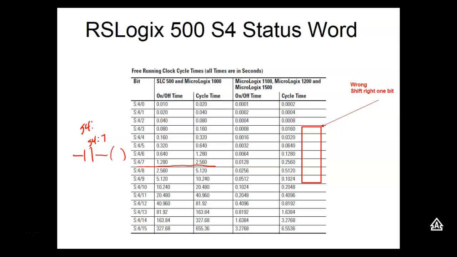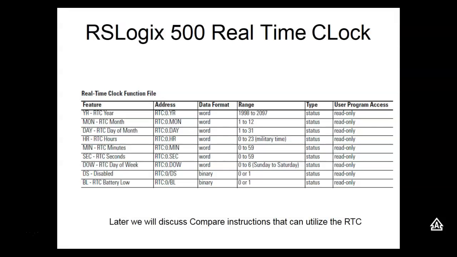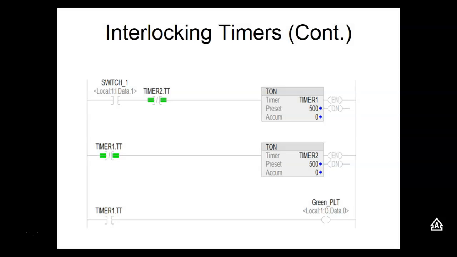Or I could go into the real time clock and use this bit right here, the seconds. So I could use the seconds, and it would flash in 1 second, instead of trying to use the cross coupled timers. And hopefully I can find my program.